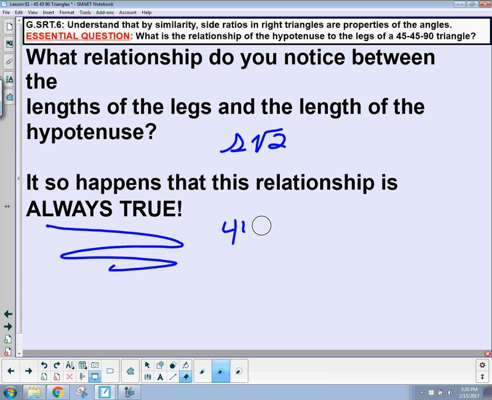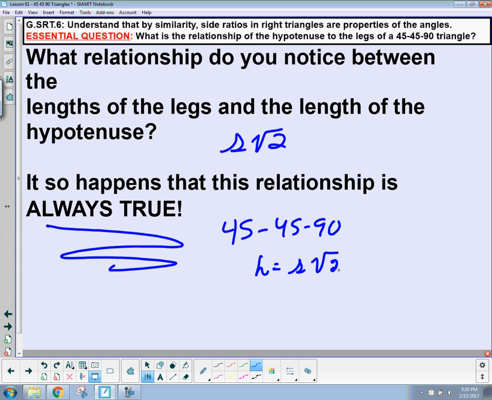Whenever you're dealing with a 45, 45, 90 triangle, your hypotenuse is always going to be those sides, root 2, or legs, whichever word you want to use. I say sides for the S because it's always going to typically derive from a square, but, you know, you say tomato, I say potato.